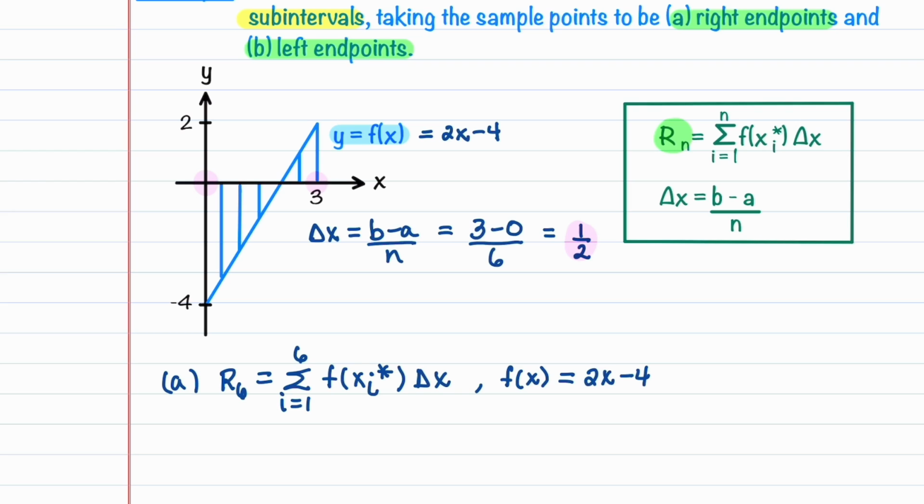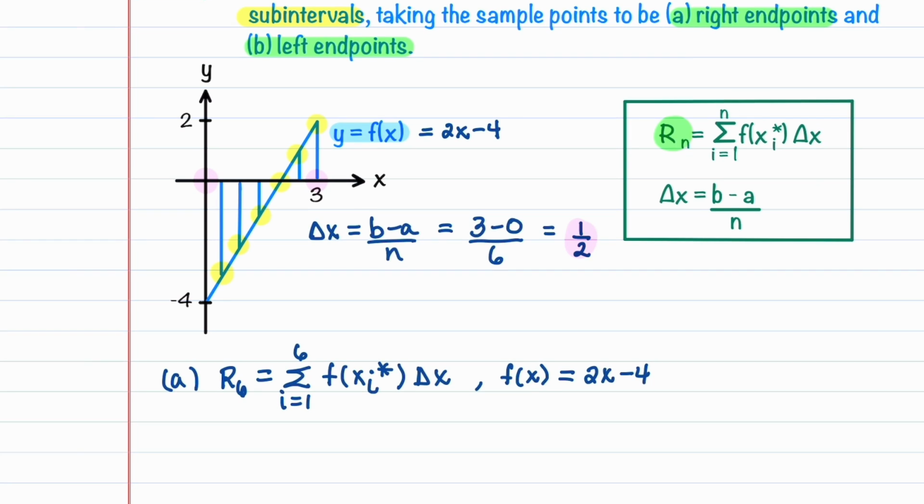Since we are using right endpoints to calculate the height of each rectangle, that's these points right here, we can say that x sub i star is just equal to x sub i. And the formula for that is a plus i delta x. a is our left-hand endpoint, which is 0. So we just have i times delta x, which we calculated to be 1/2. So this is i times 1/2.